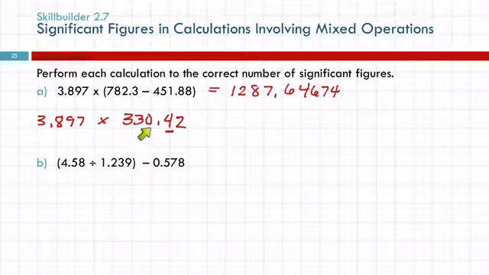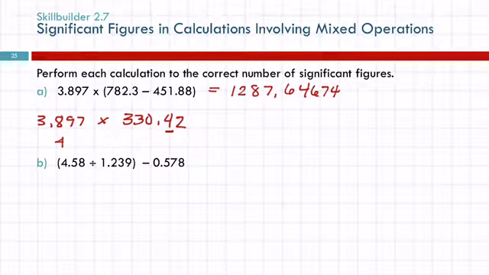This number came from multiplying these 2 quantities. How many significant figures in 3.897? 4. It should be easy. There weren't any confusing zeros. How about in 330.42, where I underlined the 4? The underline means this is the last significant figure. I'm not going to count the 2.